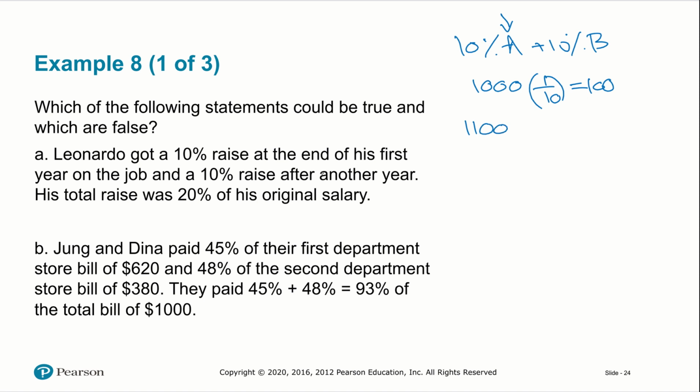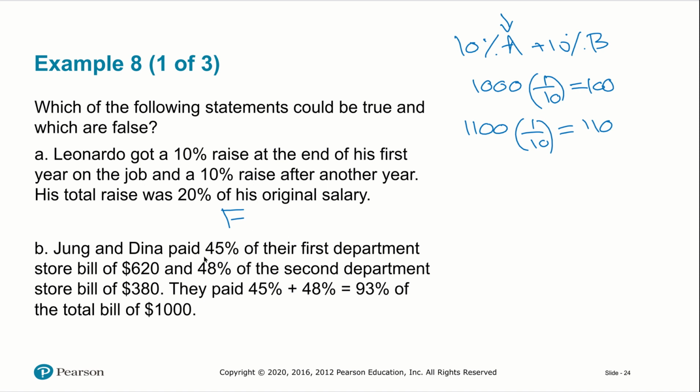Then you want to figure out what 10% of that is, which is $110. And this amount is not just 20% of $1,000, because this would be 220, and 20% of 1,000 would have been 200. So here's a quick example to make you realize why this couldn't be true. So this one is false.